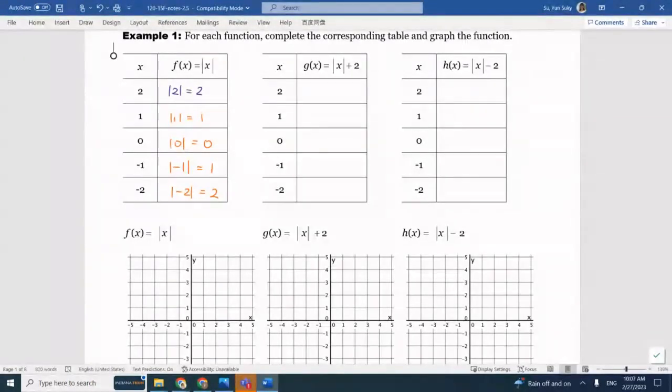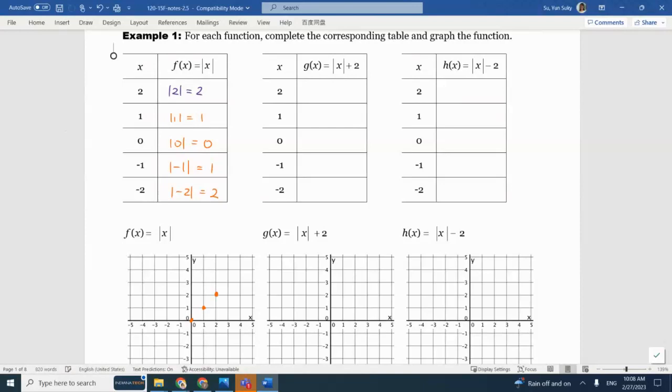Okay. 2, 2. So the x is 2 and the y is also 2. 2, 2, at this point. And then 1, 1. Where's 1, 1? So that is 1, 1.